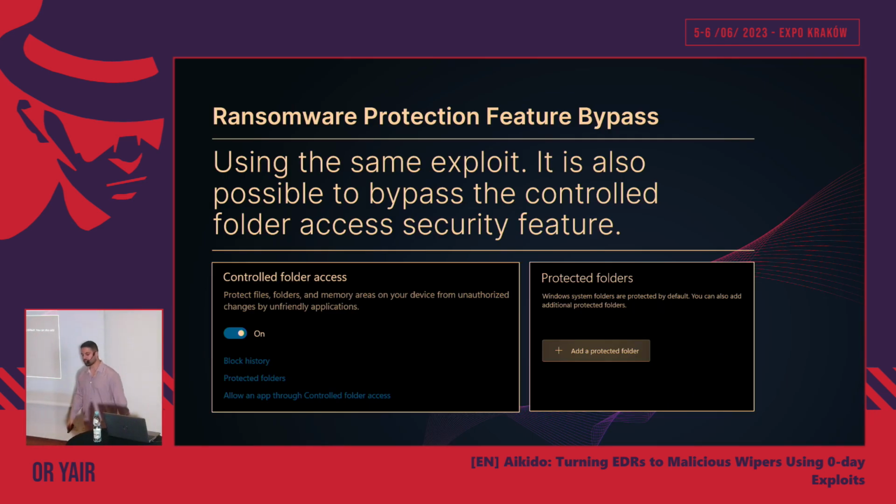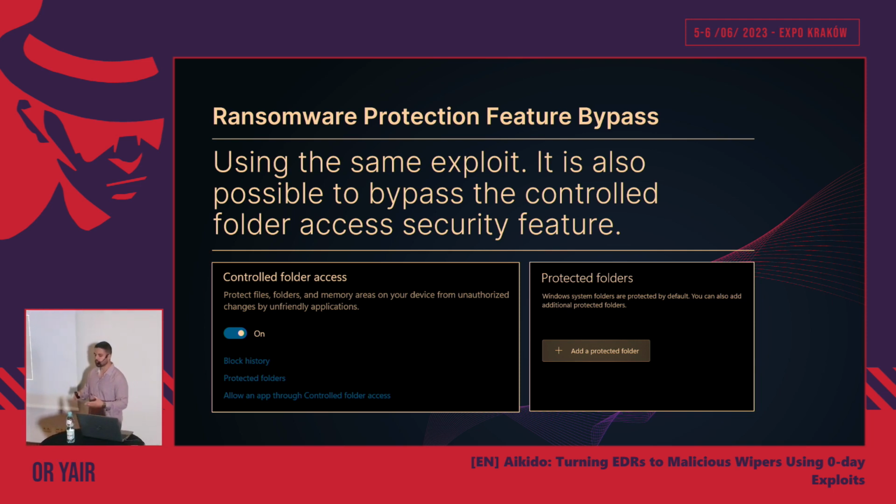So this exploit is also applicable in order to bypass a ransomware protection feature that is called the controlled folder access feature. Basically, this feature prevents untrusted processes from modifying or deleting any file that is contained inside one of the folders that are listed in the protected folders list of this feature.